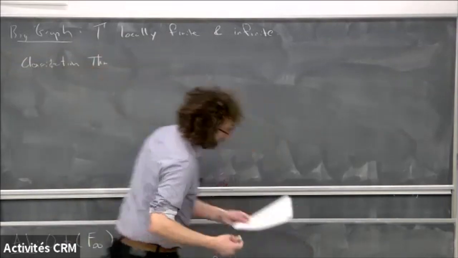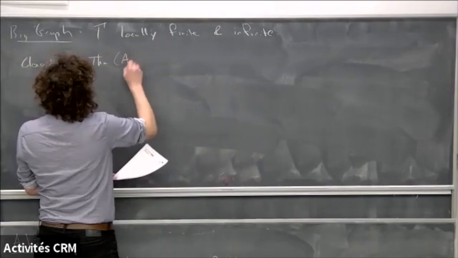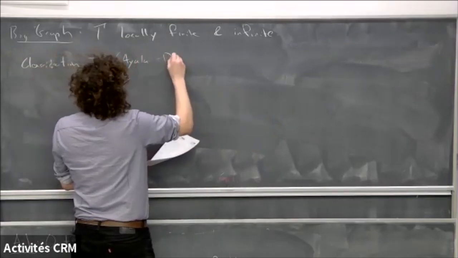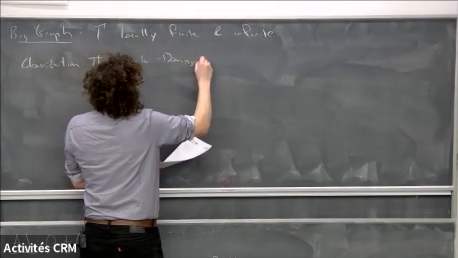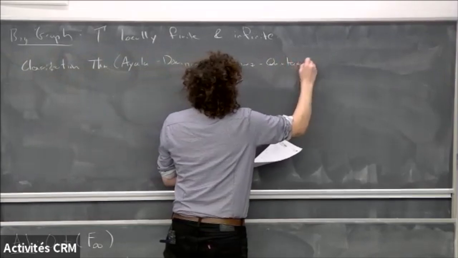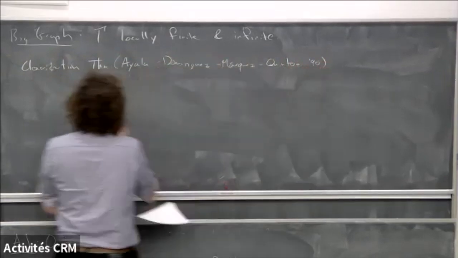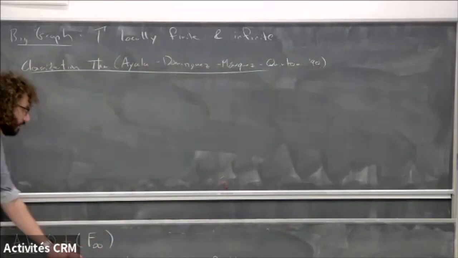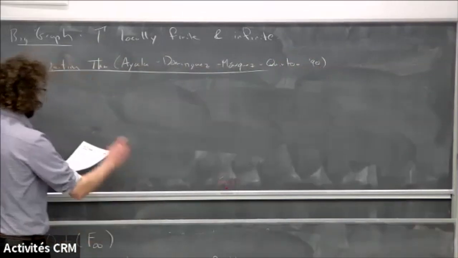So really for locally finite graphs, actually you don't need infinite, just locally finite. This is due to Ayala and Quintero, 1990. And this will also be a nice answer to drawback number one down here, of there being only one of them. And what does it say?